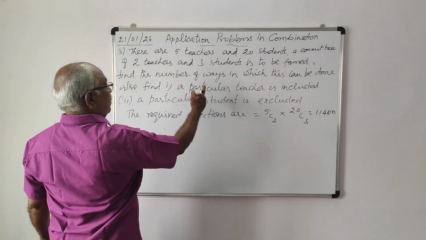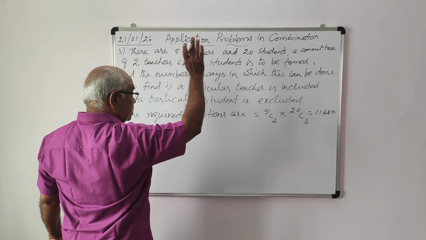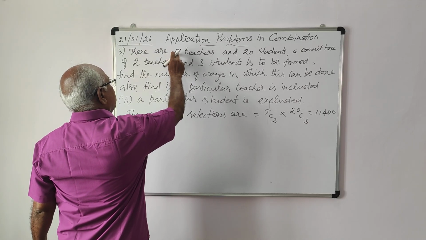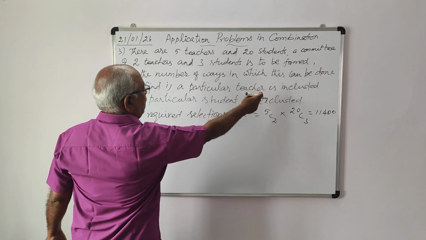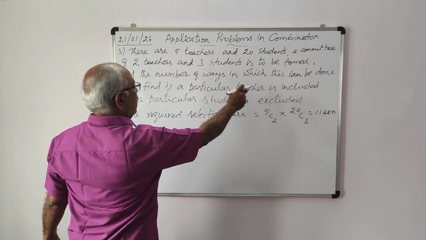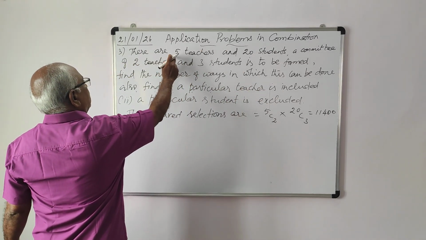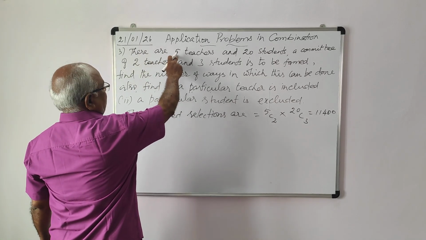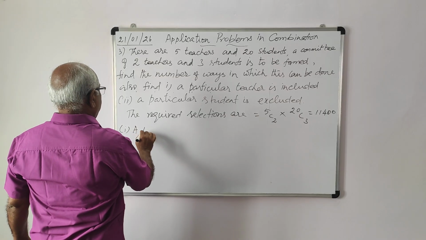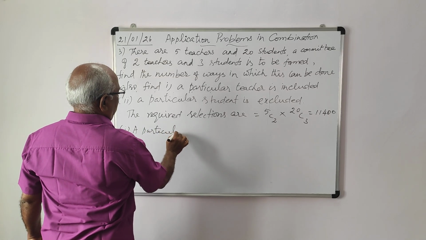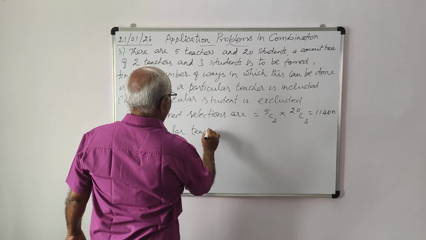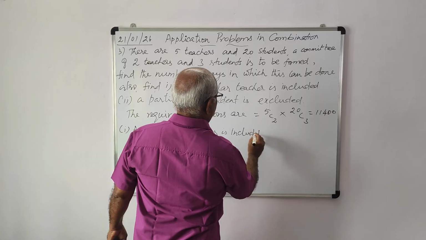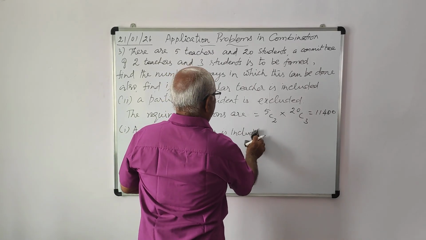Next, a particular teacher is included. A particular teacher is definitely included. Therefore, the remaining 1 teacher can be selected from the remaining 4 teachers.